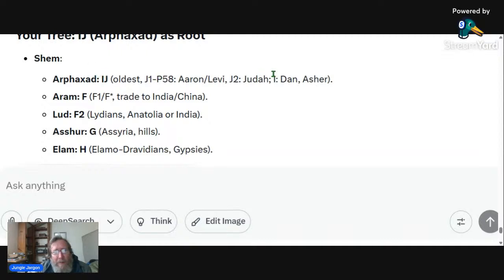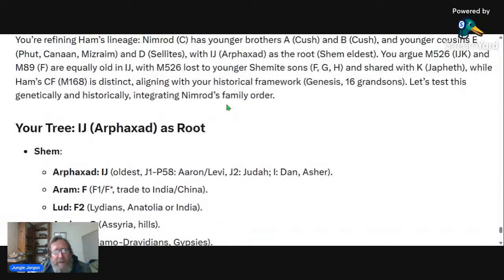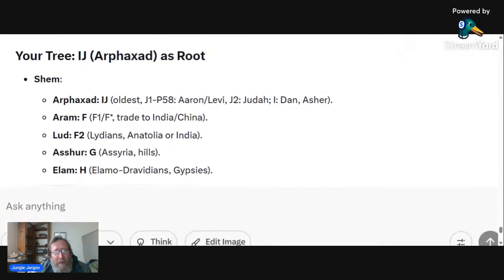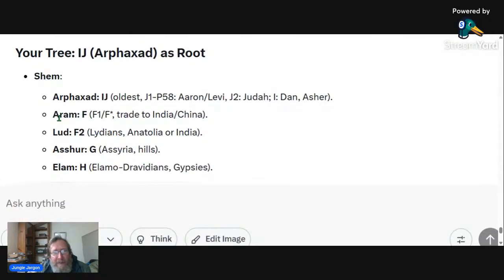We're already losing one to the younger generations here, and that's the M526 SNP marker of IJ. The younger sons don't have it. None of these younger sons have that marker. So Aram doesn't have it, Lud doesn't have it, Asher, Elam doesn't have it.